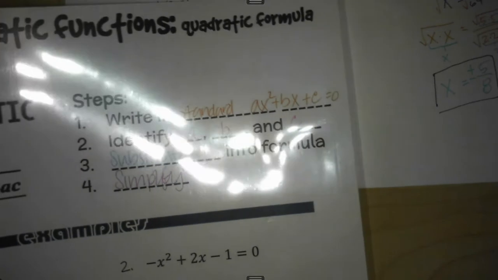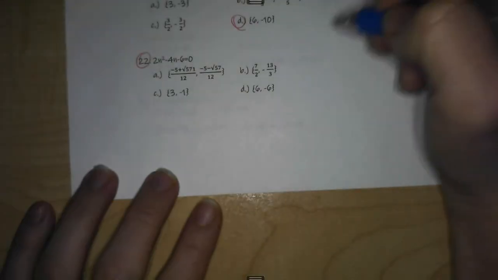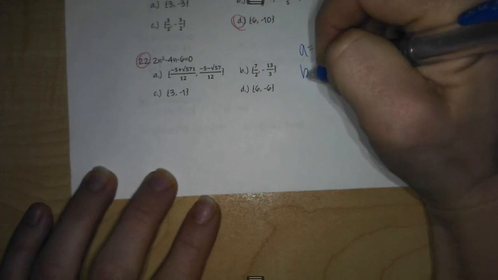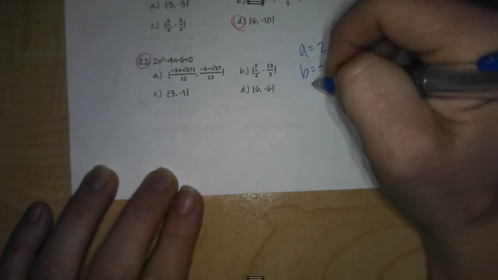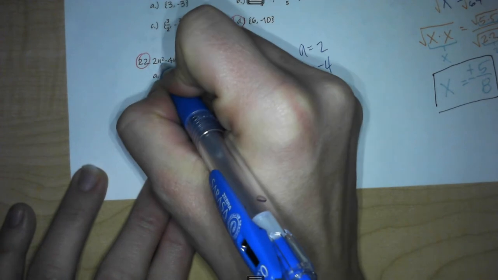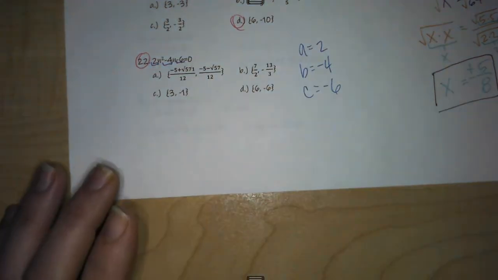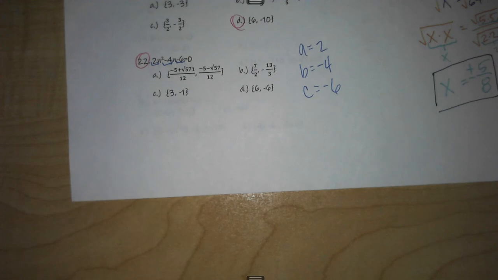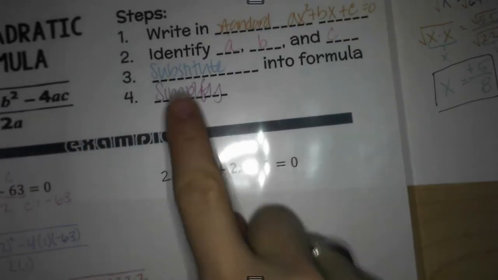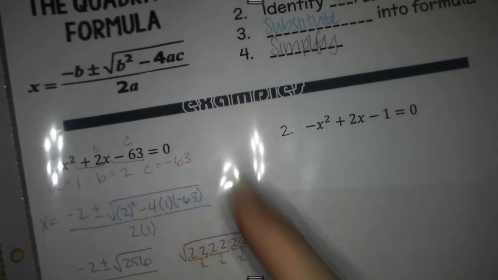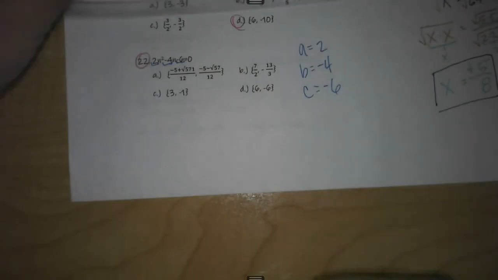Let's identify our a, b, and c. We've got a equals 2, b equals negative 4, and c equals negative 6. Remember that those signs travel with your letter. Now we're going to substitute into our formula, and then we will simplify.